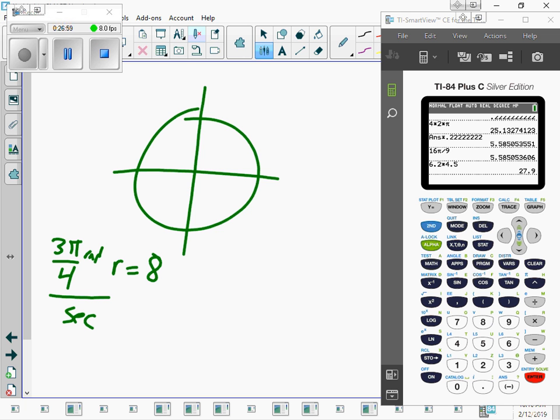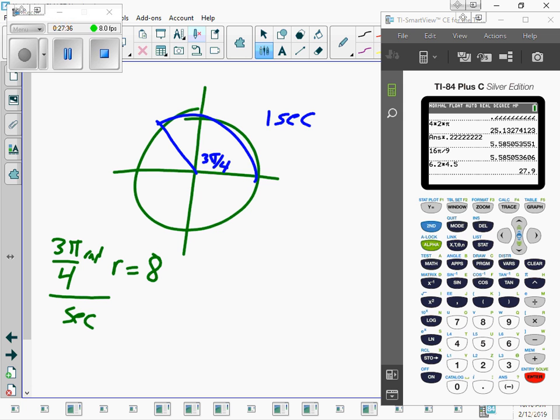So we do 3 pi over 4 radians per second, which means I rotate this much, 3 pi over 4, every 1 second. Okay. And we want to find the linear speed of that point if the circumference of the circle is 9 inches.